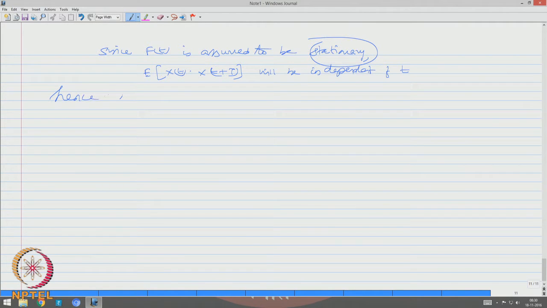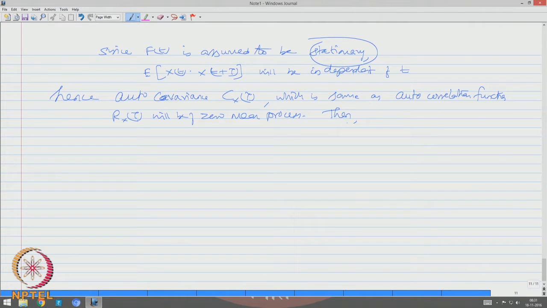Hence, the autocovariance function C_x(tau), which is the same as the autocorrelation function R_x(tau), will be of a zero mean process.